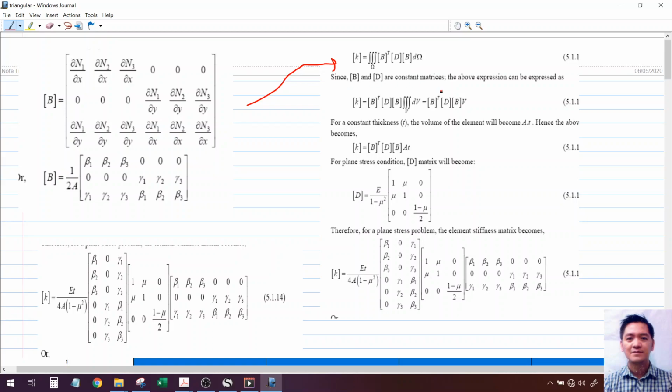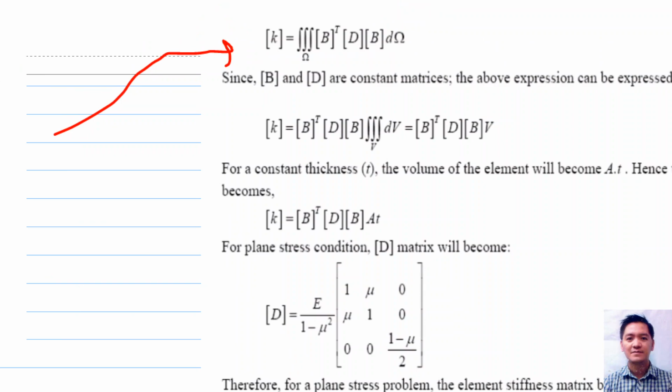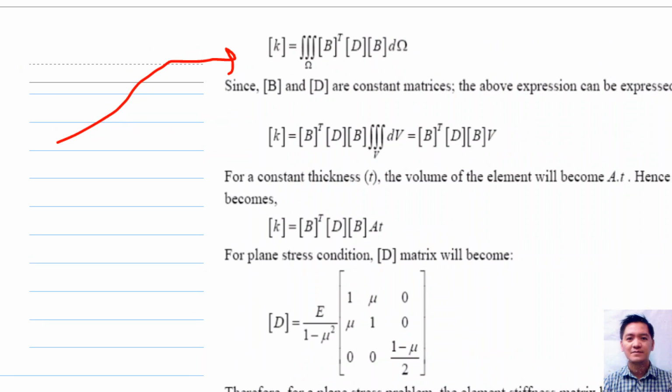Since B and D are constant matrices, the above expression can be expressed as K equals B transpose DB, okay, triple integral volume dV, right? So, constant yung B transpose DB. Okay.